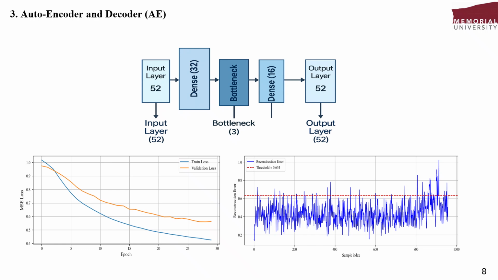And the third method is encoder and decoder. We start with 52 inputs, all the variables measured and manipulated. We pass through a 32 unit hidden layer, then compress down to a 3-dimensional bottleneck.